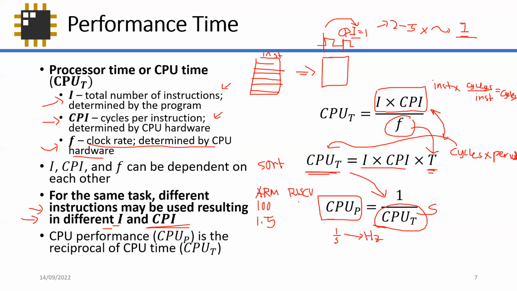And then the RISC-V maybe would do it in 125 instructions because ARM has more flexibility compared to RISC-V. But then the RISC-V does it with a lower CPI. Let's say 1.5 for the ARM, but for the RISC-V, let's say 1.2 or maybe 1.1.